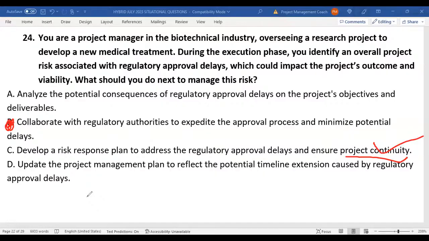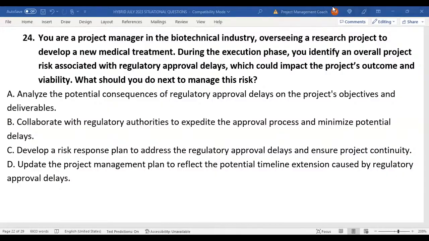It's a bit out of our control. Like I said, A has already been done for you pretty much. And D is early. So the best answer here, my friends, is none other than develop a risk response plan.